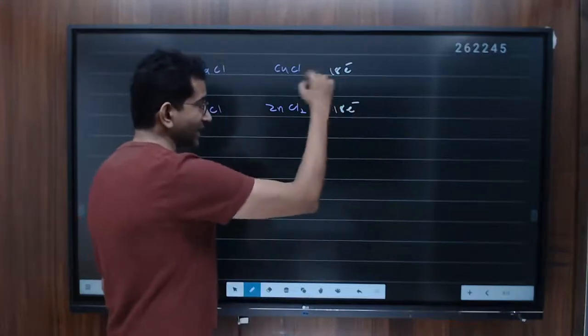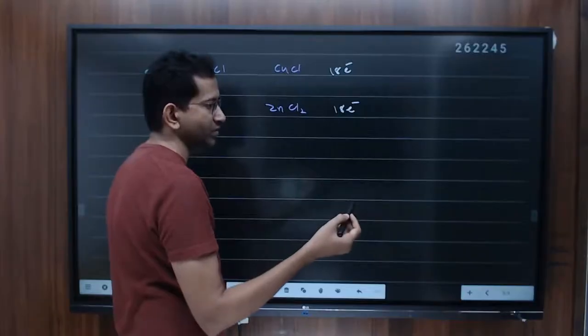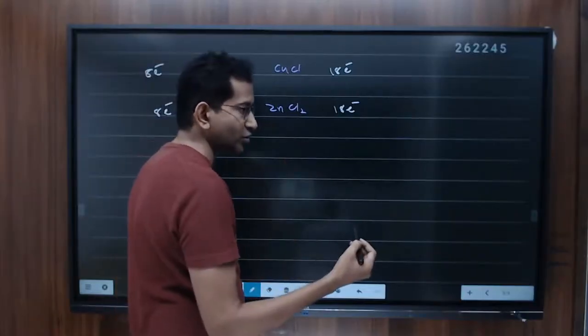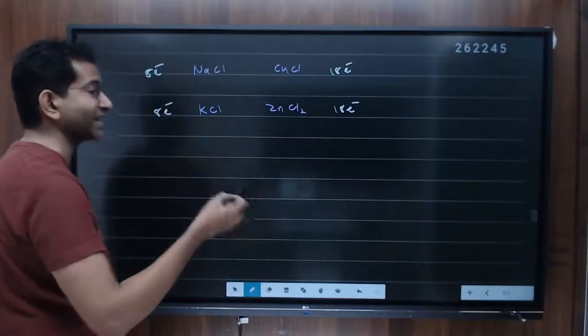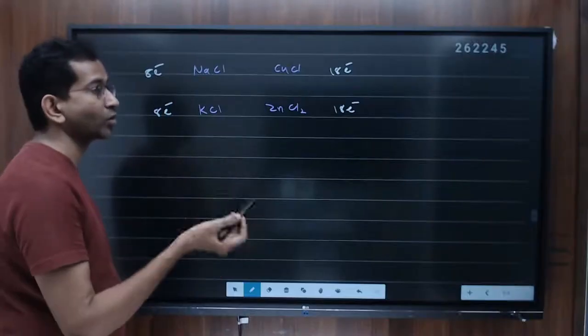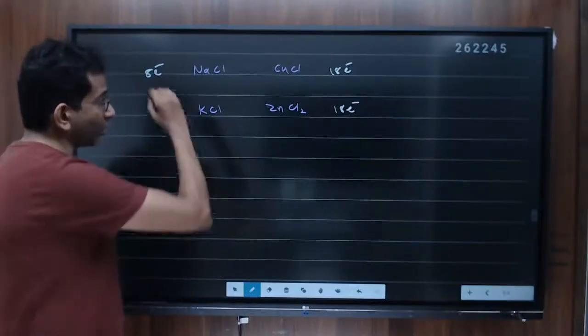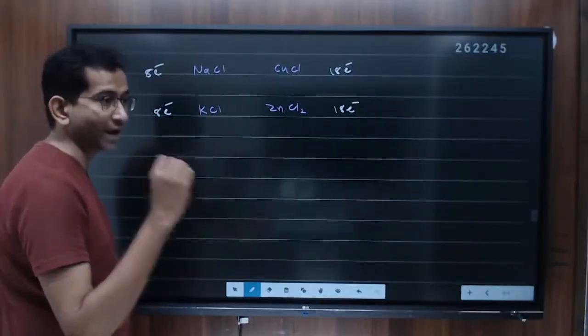So 18 electrons is nothing but pseudo inert gas or pseudo noble gas configuration, and whenever there is pseudo noble gas configuration, that ion has more polarizing power, and due to that it has more covalent character. Let me tell you, all these 4 compounds are ionic in nature. They are formed by electron exchange.